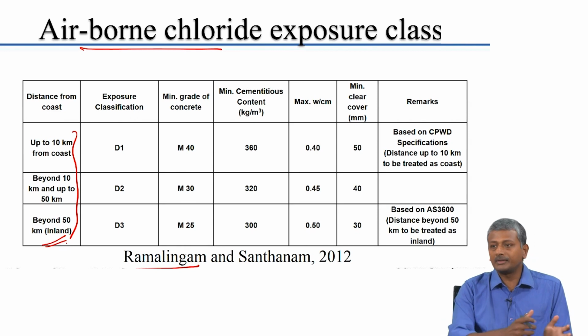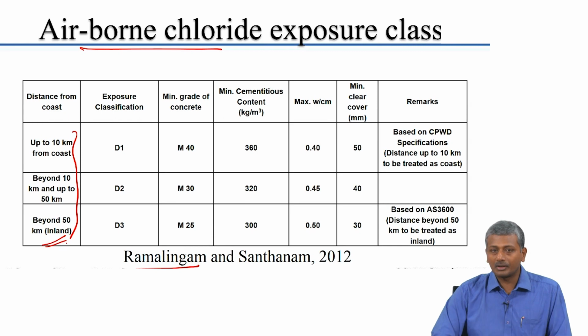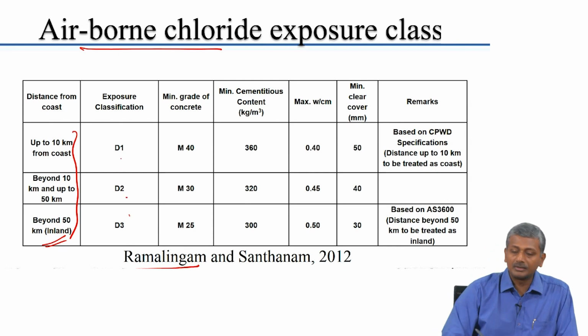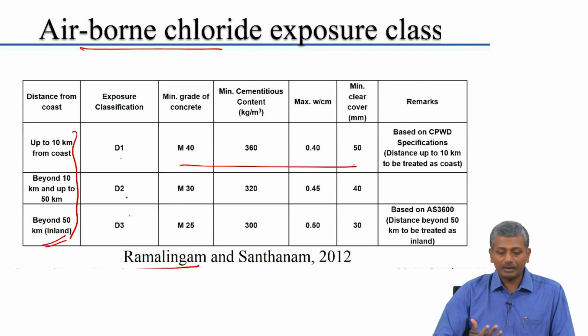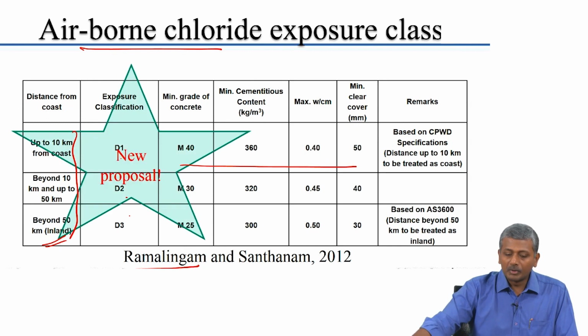So, here we are pulling the experience from the Australian code as well as CPWD and applying them together to the definition of airborne chloride exposure. So, here D1, D2 and D3 are the names given for the exposure classification. Again, this prescriptive specification for the grade of concrete, cementitious content and water to cement ratio along with the cover is specified for this. So, this is again a new proposal.